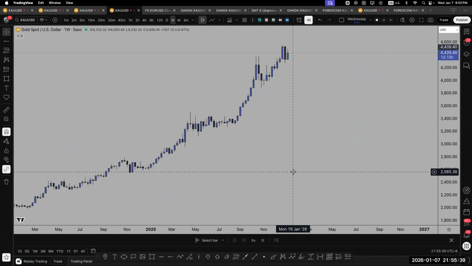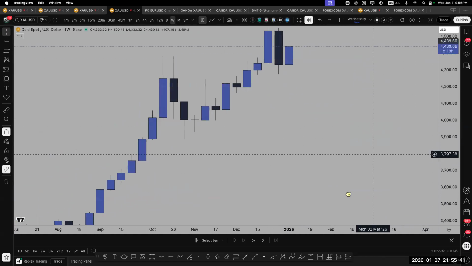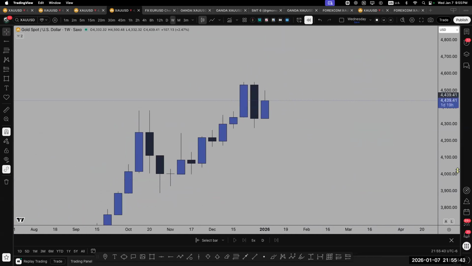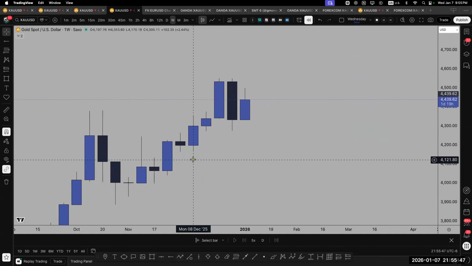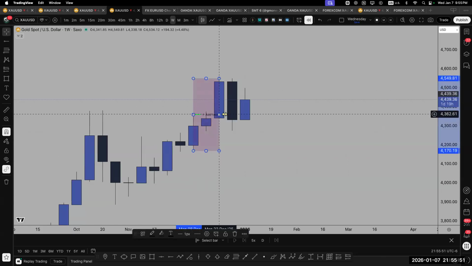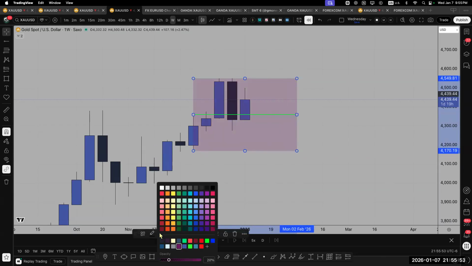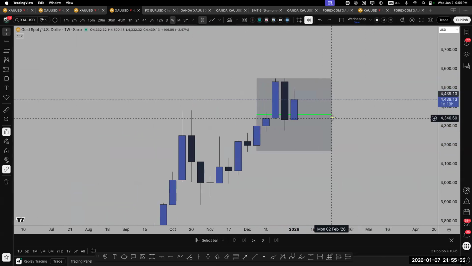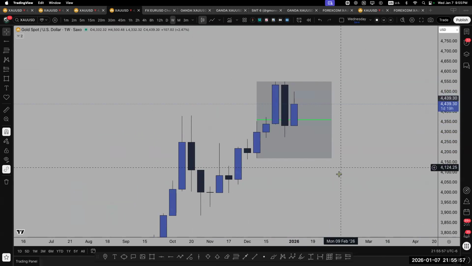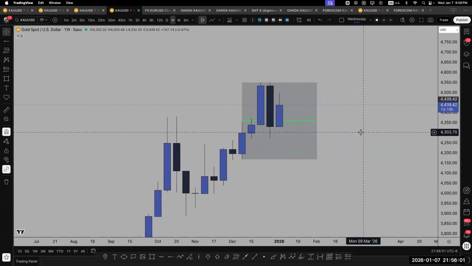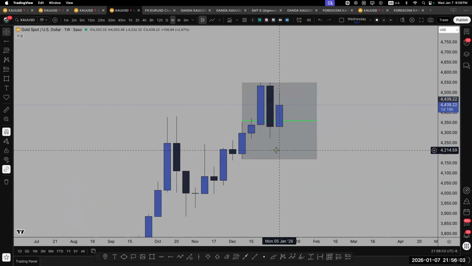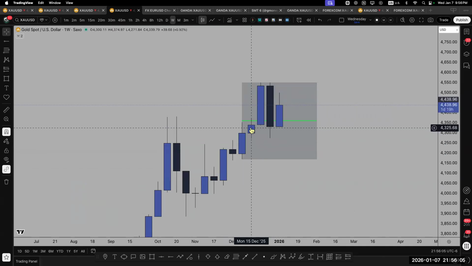Okay, so let's put it like this: weekly chart. These three candlesticks are catching my attention, like so. All right, perfect. So these 3 weeks are catching my attention.